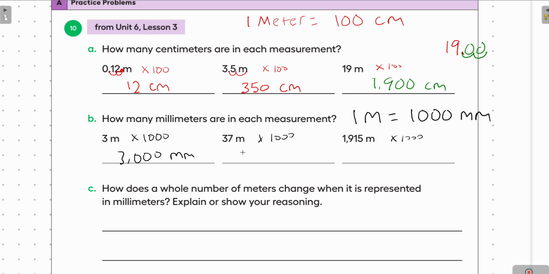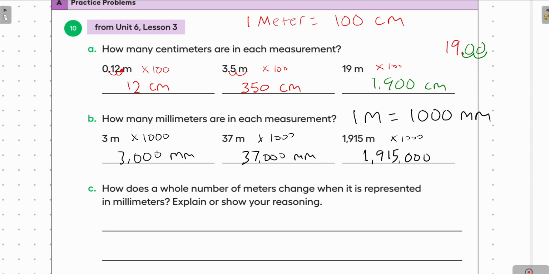This is 37,000 millimeters. And this is 1,915,000. Notice how we just added 3 zeros to the number. This is the beauty of multiplying by powers of 10.